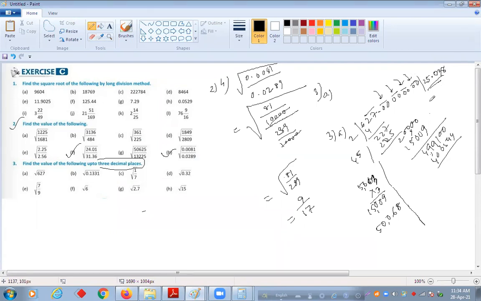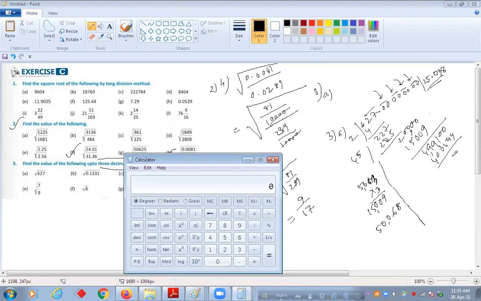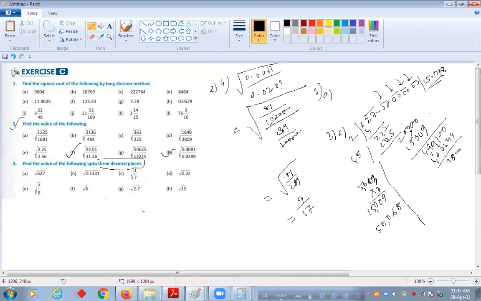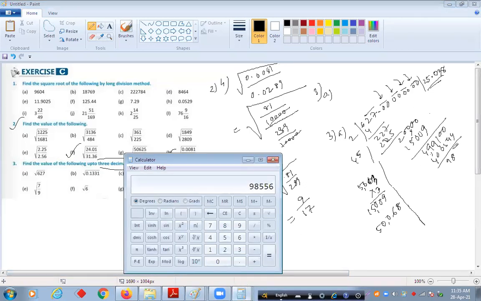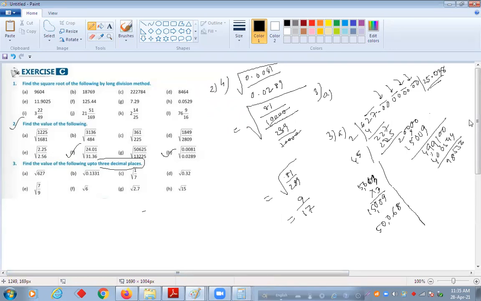So now another pair of zeros will take down. So we'll subtract this one. That means 499,100. We are subtracting this 400,544. What will we get? This much. 98,556. Yes. 5, 5 and 6.